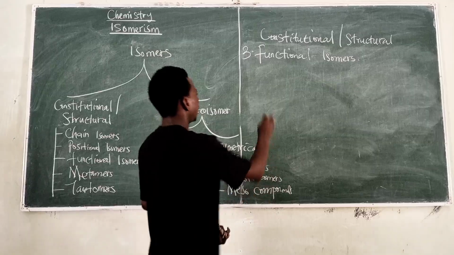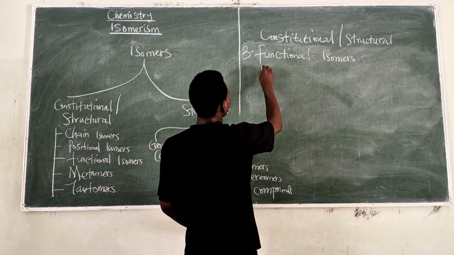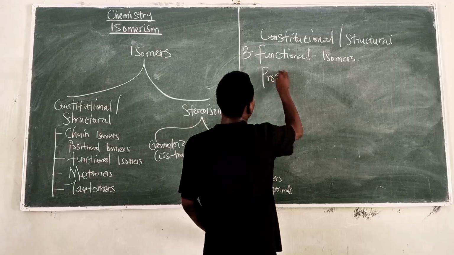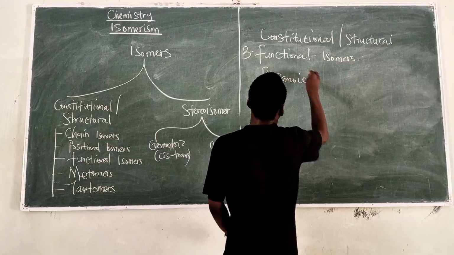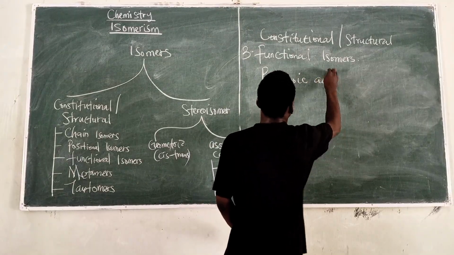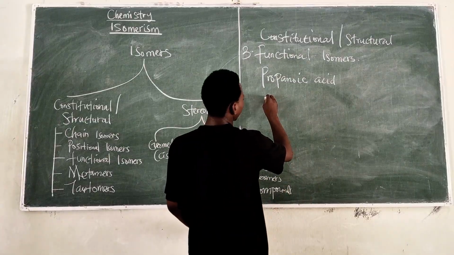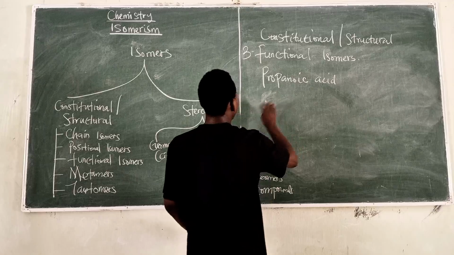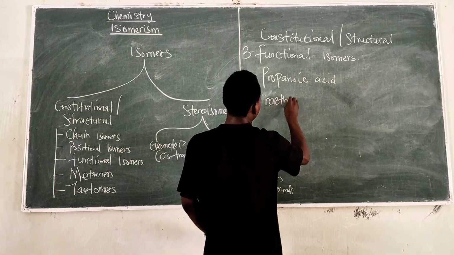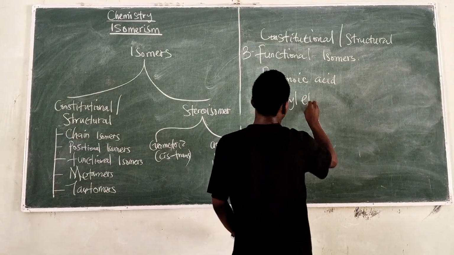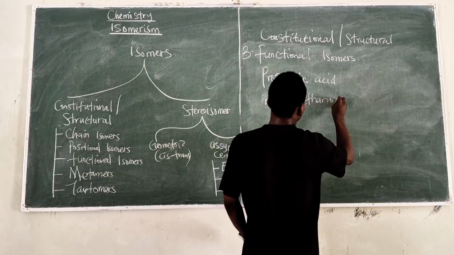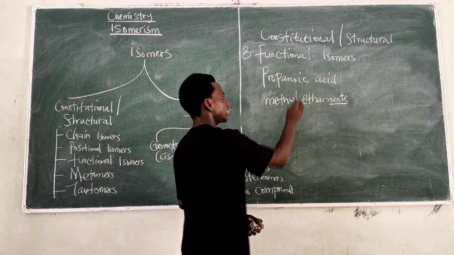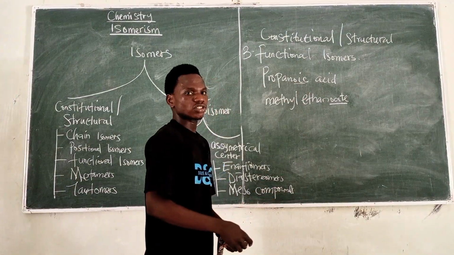So let's look at propanoic acid and methyl ethanoate. So this is indicating the ester functional group, and this is indicating the alkanoic functional group.